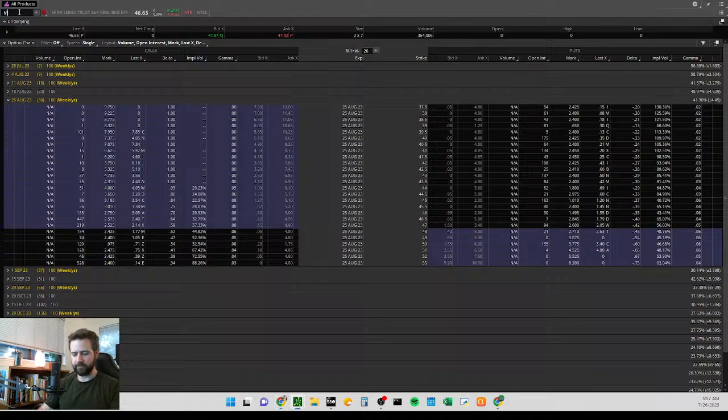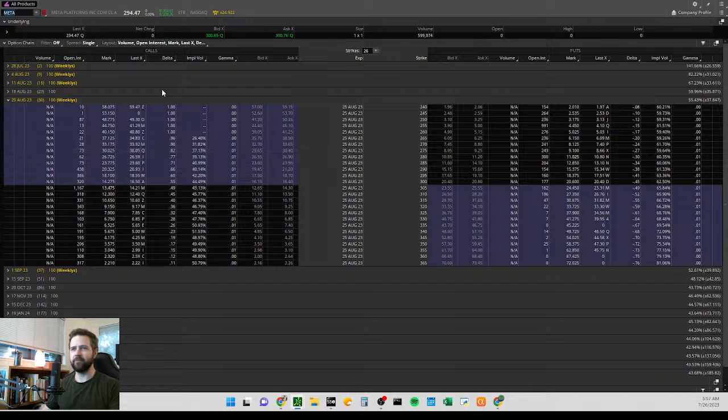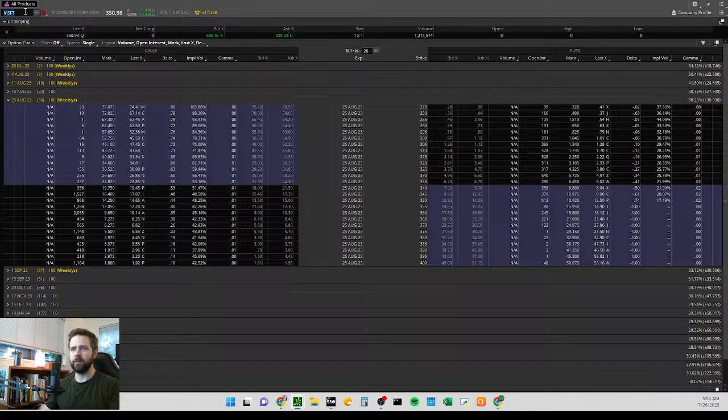But I chose all of these tickers because they all have big options markets, and that's what I want, deep markets, for a data collection reason.